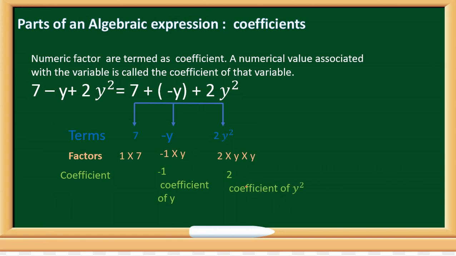The numerical value associated with the variable is known as the numeric coefficient, or the numeric factors which are with the variables are known as the coefficients. In this minus y there is minus 1. So minus 1 and 2 are the numerical coefficients of the variables y and y square.